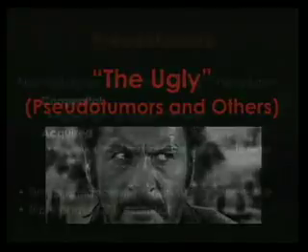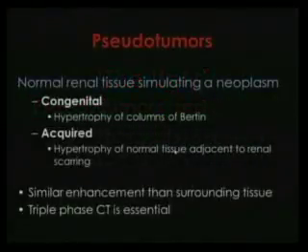And let's see some other tumors or pseudotumors simulating malignancies. The first one is what we call pseudotumor. These are congenital or acquired abnormalities that may be mistaken for malignancy.